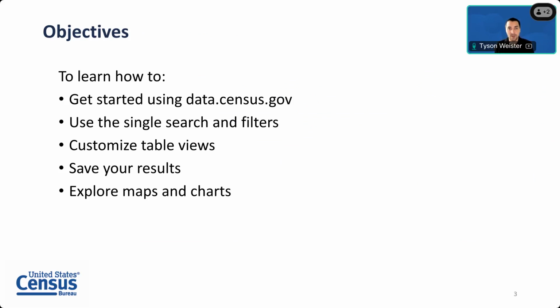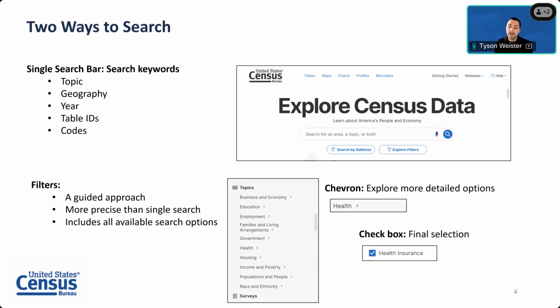We want to make sure that you can use the single search bar and successfully use the filters to conduct your searches. Once you get to a table that has data of interest, we're also going to make sure you know how to customize the table view, save your results, and then we'll also introduce you to options to visualize the data through our maps and our charts.